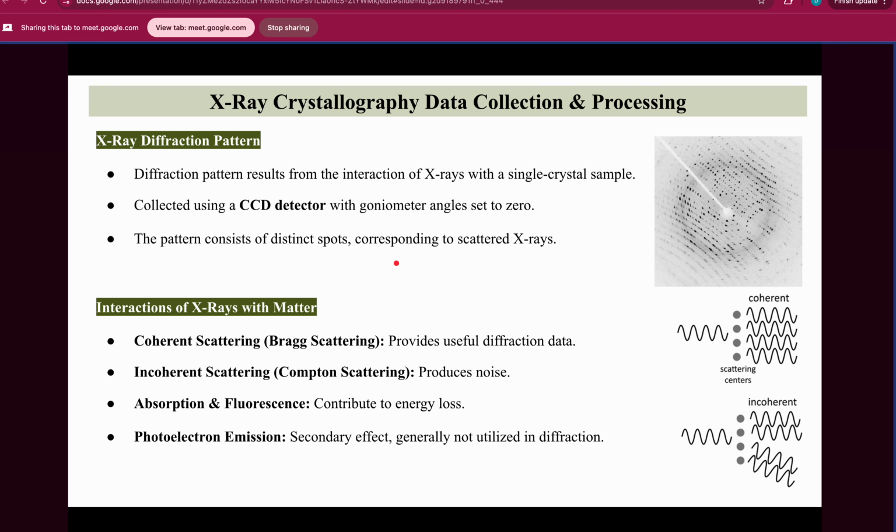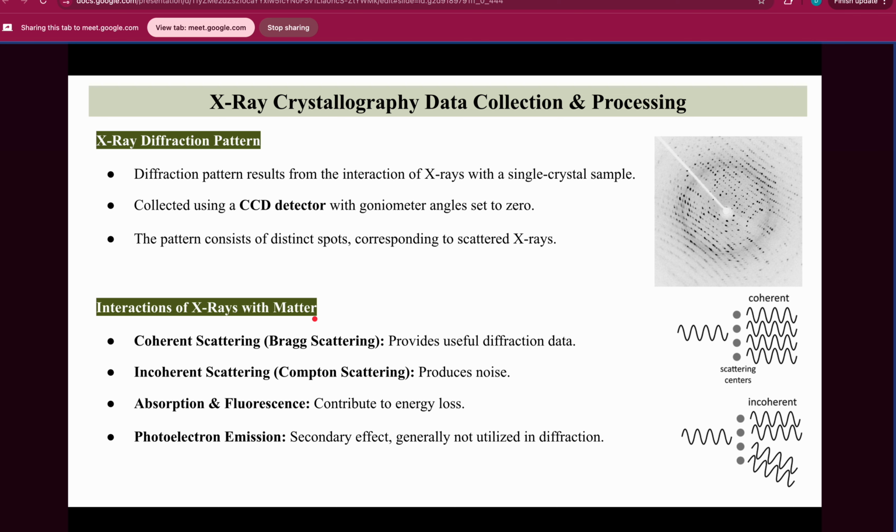And the pattern consists of distinct spots corresponding to scattered X-rays. So those spots are obtained at those sites where the diffracted X-rays are getting scattered to. So in that way, they are telling you the positions of lattice points in the crystal or position of atoms inside the crystal. So that is the interaction of X-rays with matter.